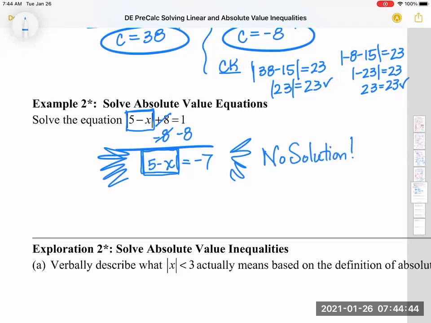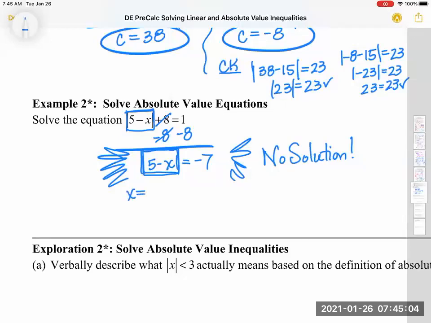Now, let's say you didn't notice that and you were just going along doing your algebra. When you check your answers, you'll see that the solutions don't work. I went ahead and solved it just to show you the check.